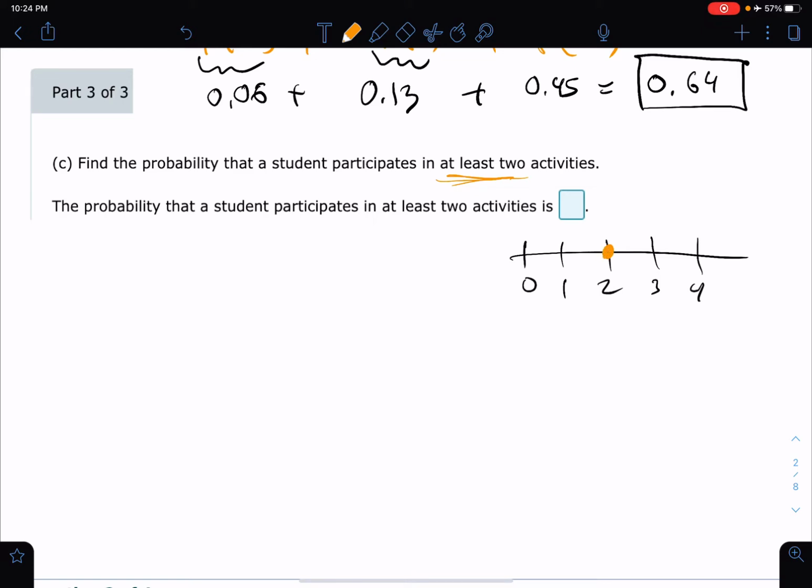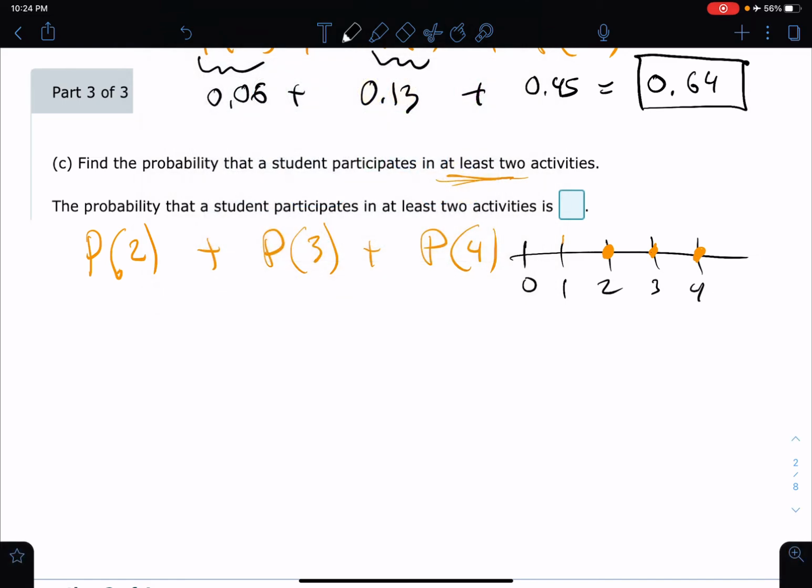Yes, 2 is at least 2. Is 1 at least 2? No. Is 3 at least 2? Yes. Is 4 at least 2? Yes. So at least 2 activities means the probability of exactly 2 plus the probability of exactly 3 plus the probability of exactly 4.